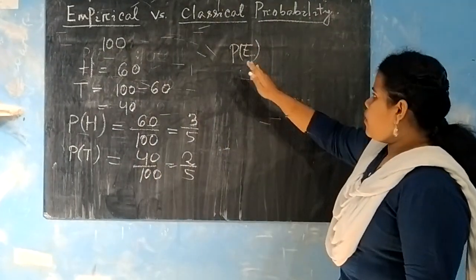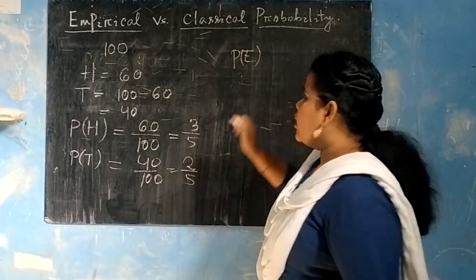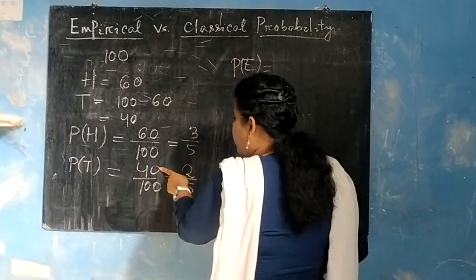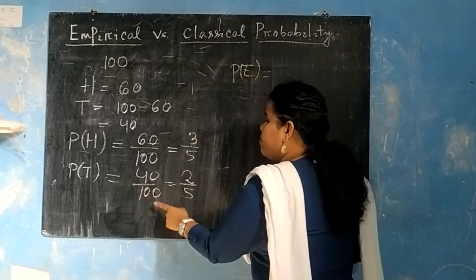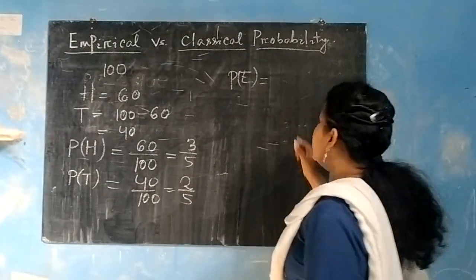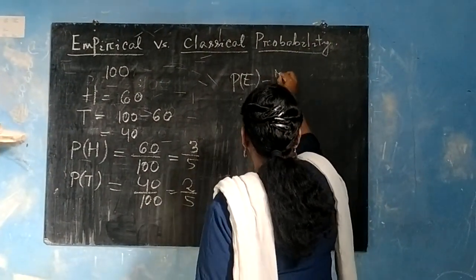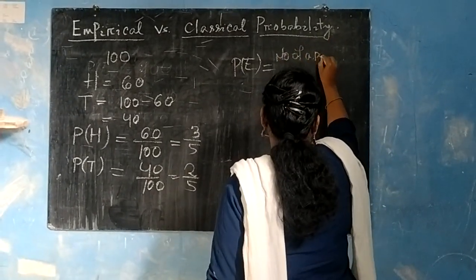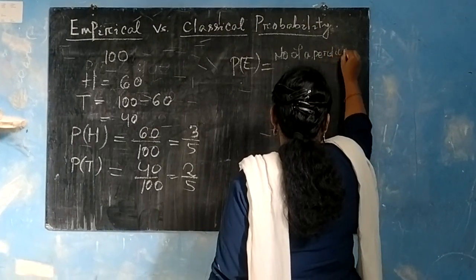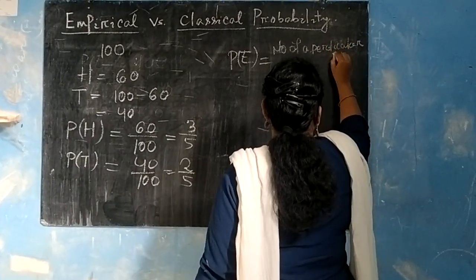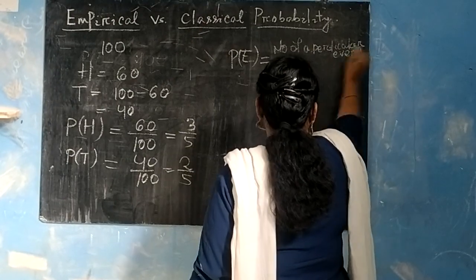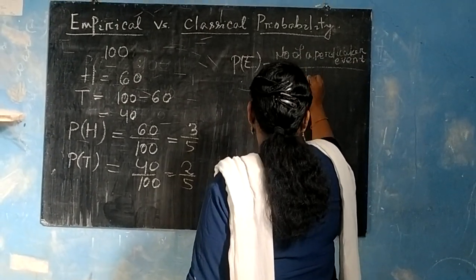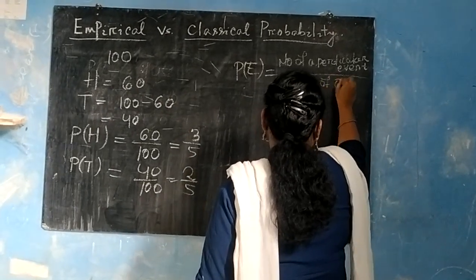PE means probability of an event. It is equal to the number of a particular event divided by total number of experiments. So here PE is equal to number of a particular event by total number of experiments.